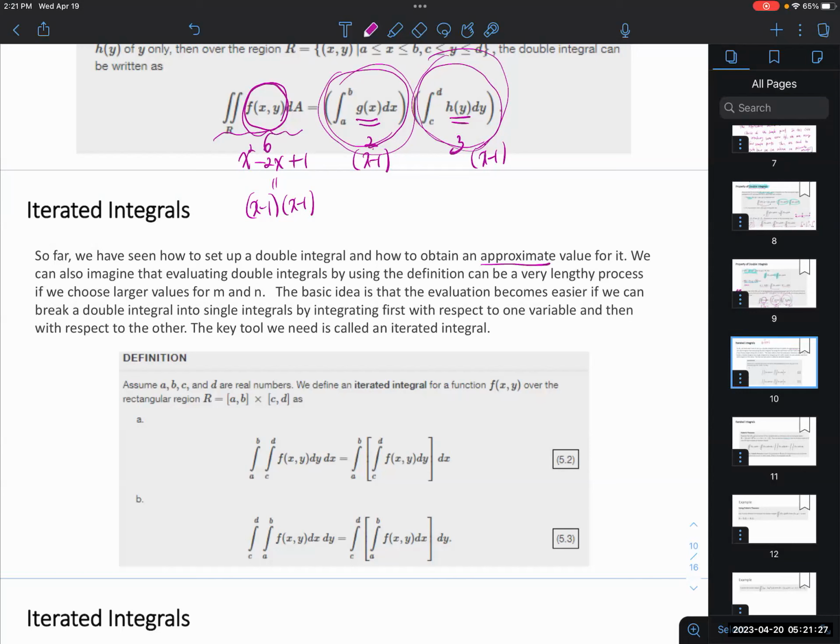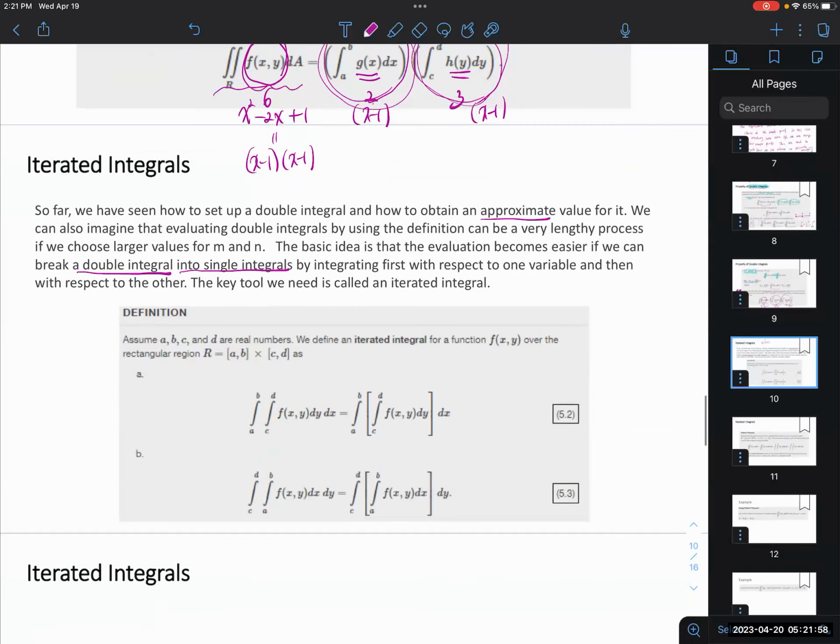So that's what they're saying. The basic idea is that the evaluation becomes easier if we take the double integral, because a Riemann sum is the same as an integral, and turn it into single integrals by integrating first with respect to one variable, then with respect to the other. So a double integral is going to be simpler work rather than choosing many sample points, the classic work.